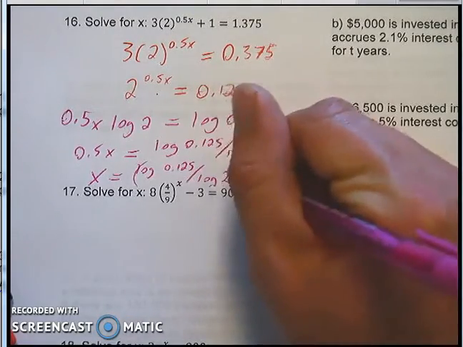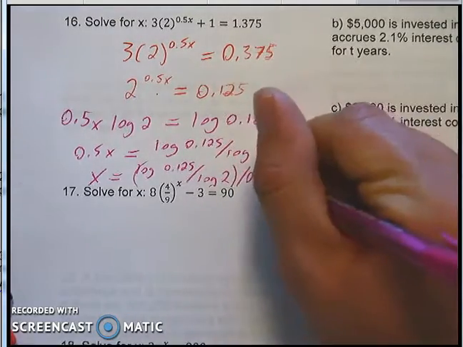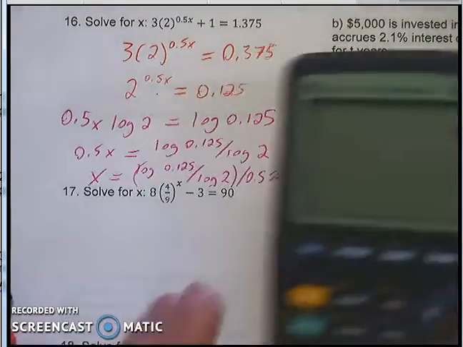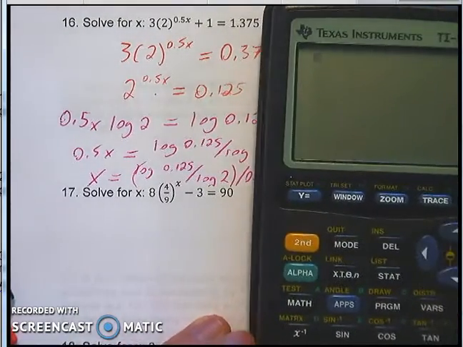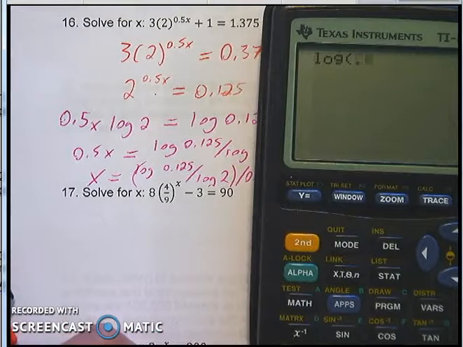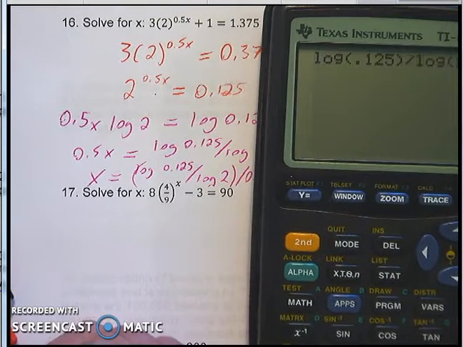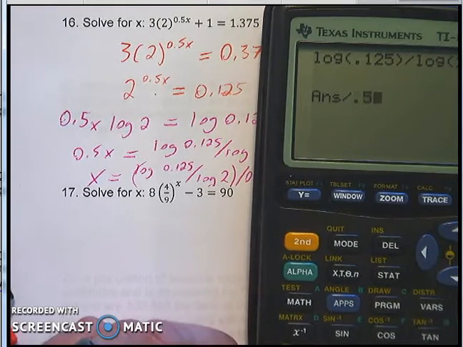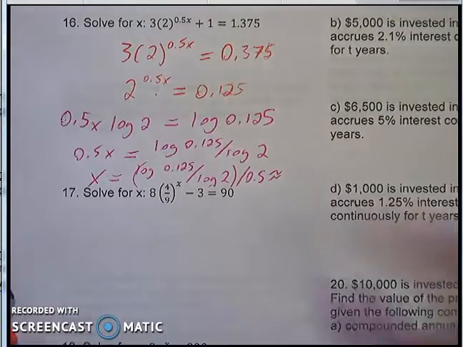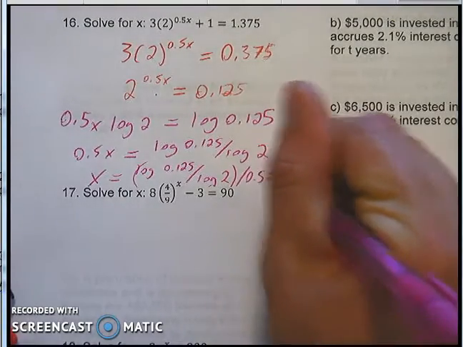And then I need to divide that by 0.5. And when you type that in the calculator, let's see what it is here. Log 0.125 divided by log 2. And we need to divide all of that by 0.5. I got x equals -6. Exactly. -6.